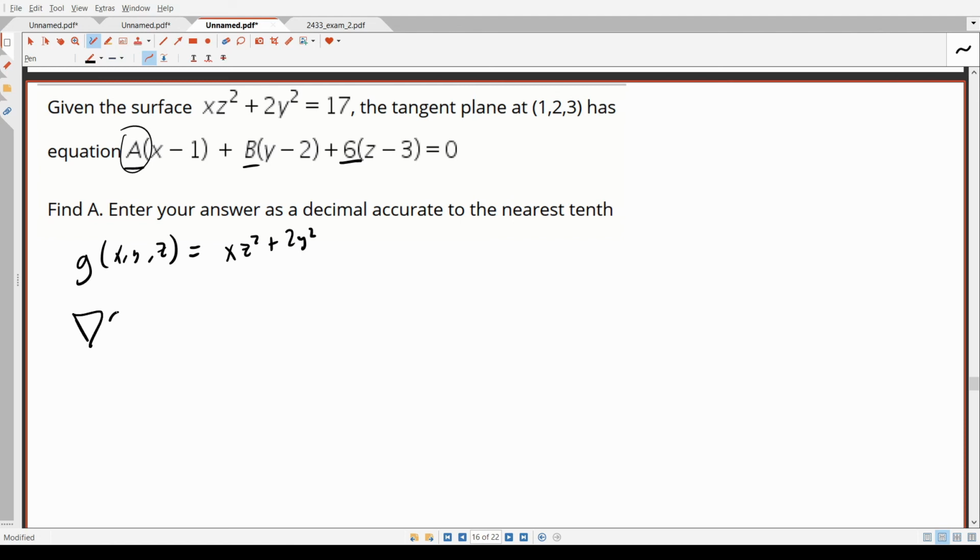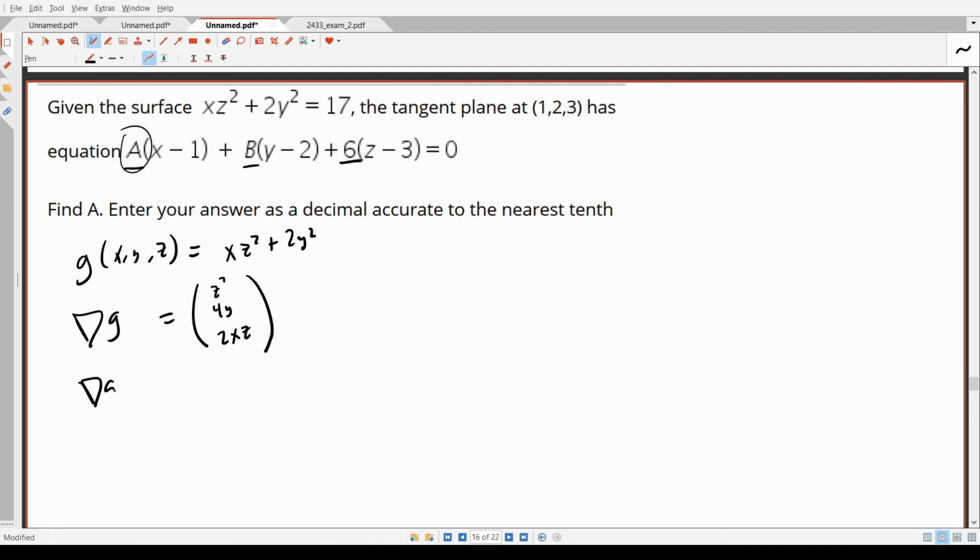Okay, so the gradient of g, we'll need to do this at the point 1, 2, 3, but the gradient of g is going to be z squared, 4y, and 2xz.